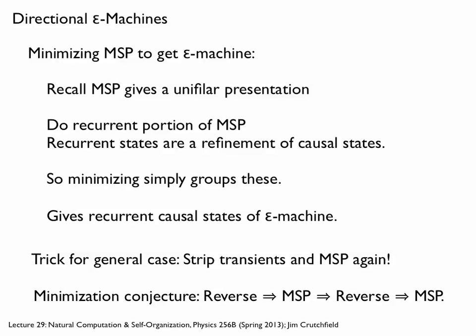So we're currently working with, like I said, a much more general minimization algorithm for any presentation. Calculate the mixed states, reverse it, mixed states, reverse, and then mixed states again. We believe that'll give you the epsilon machine, the causal states. But stay tuned. In all the cases we tried, that works.